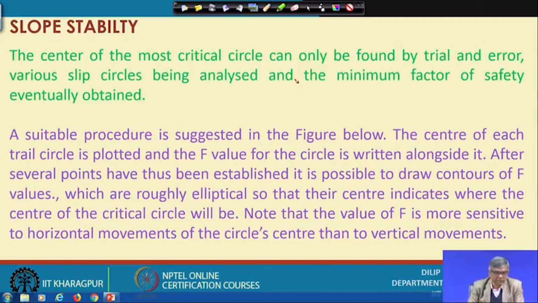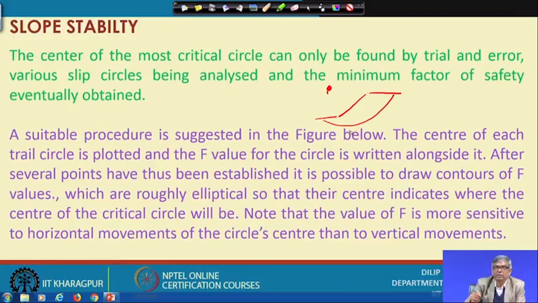The center of each trial circle is plotted, and the value. That means if there is a slope, and I take a center here, I will consider a slip surface.